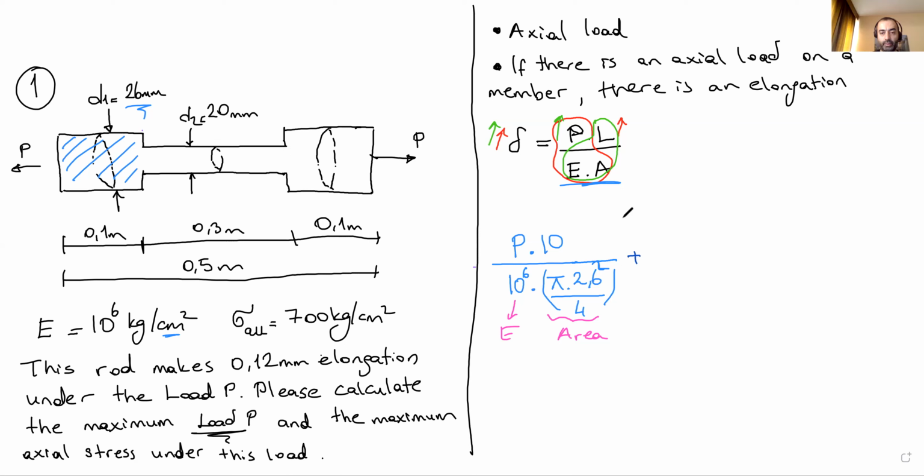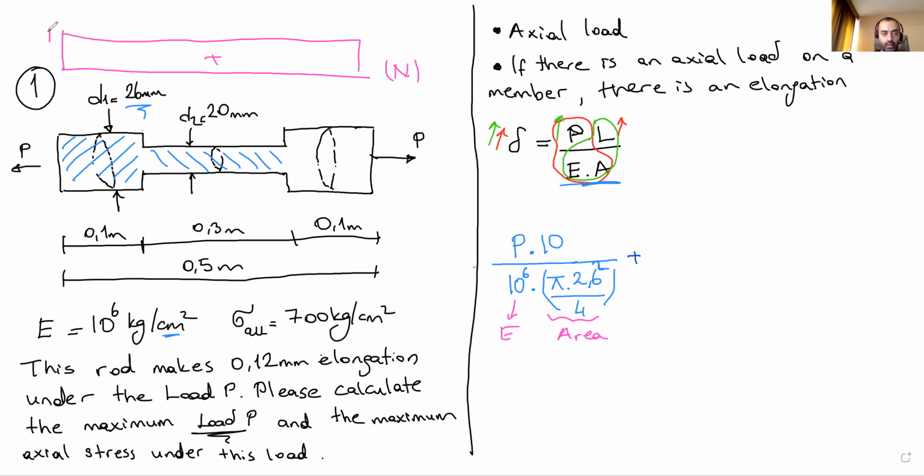Now, for the second portion. Okay, let's write. By the way, at the end of the day, P is constant all over the section. What I suggest before starting the calculation, draw the axial force diagram. It's like this. This is the axial force diagram.